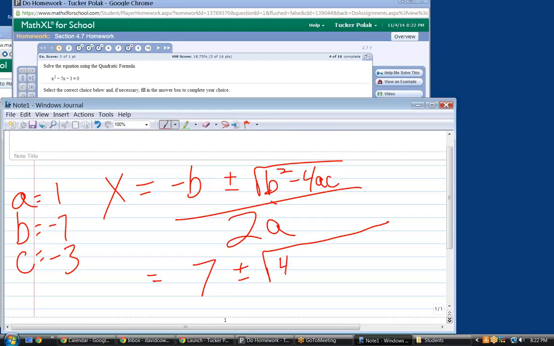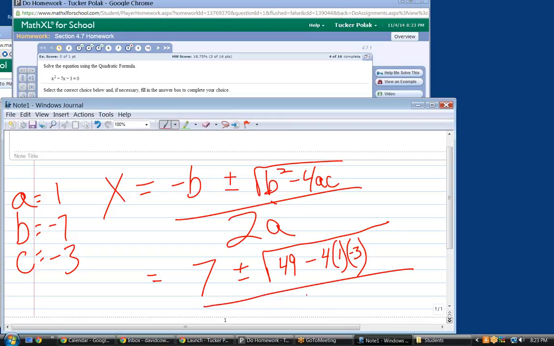7 squared. 49, positive 49, minus 4 times 1. And you have to be a little careful here on how you write this. It's real easy to write that in a way that it looks like you're subtracting 3 instead of multiplying all three of these together.